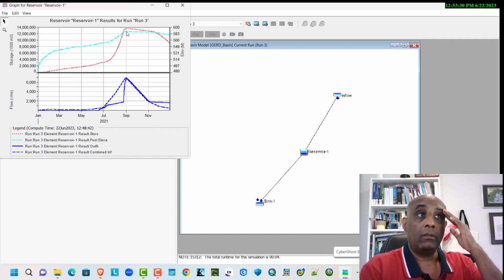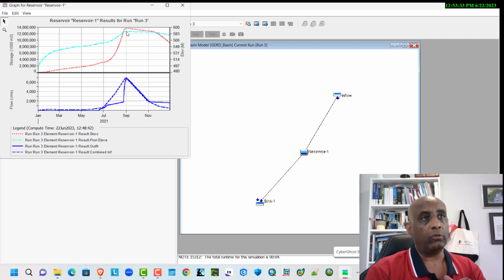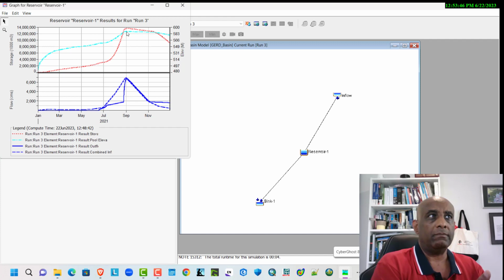So, having the software doesn't mean that you don't need to have the knowledge. Anyone who just simply can run the model, if he's not a hydrologist, has no idea or maybe little knowledge, then it's very difficult to run the model.